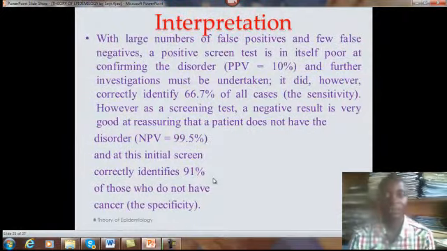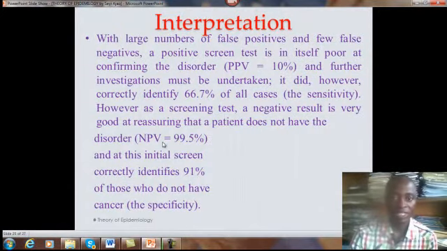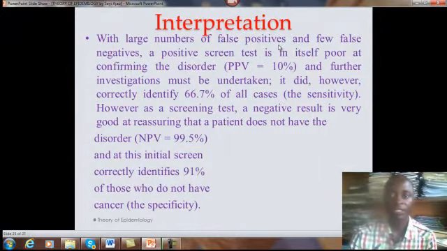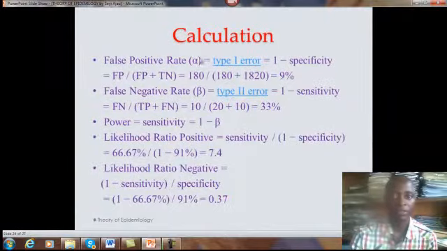The interpretation is here. What we want is to test whether what we are saying is correct or not. You can see the false positive here is 180, which is higher than true positive.